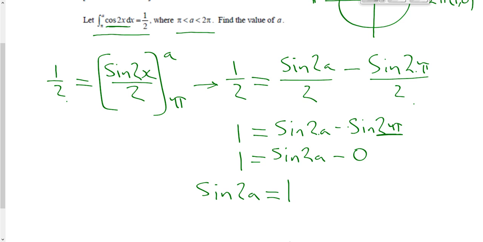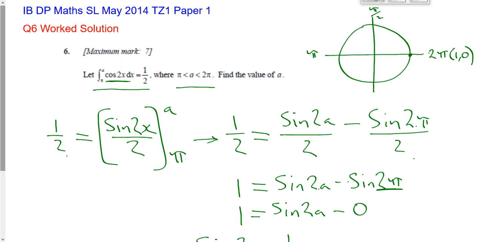Now, at what angles is the sine 1? Let's go back to our unit circle here. At what angles is the sine, or the y-coordinate, going to be 1? If I have a look here, I've got (0, 1). So I can see that at 90 degrees, or using radians, pi over 2 radians, the sine is actually 1.